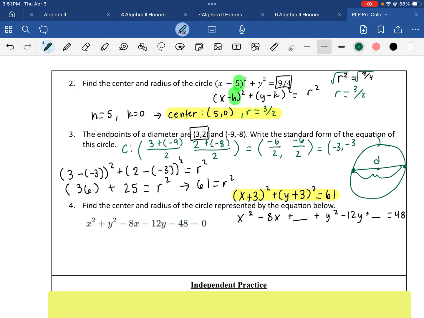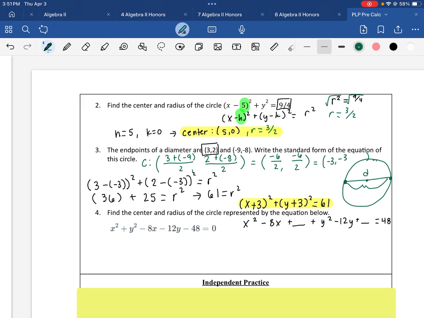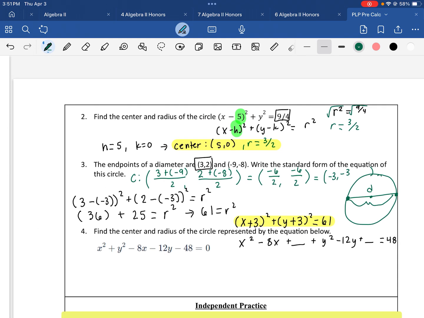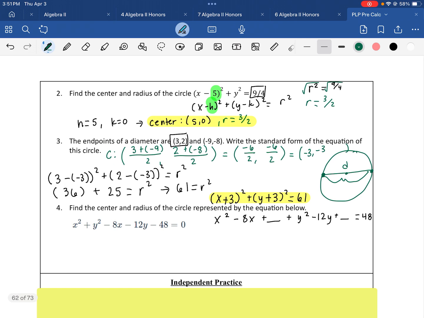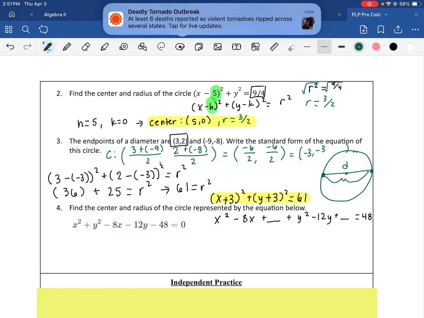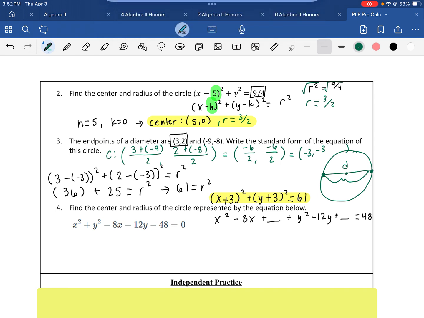Okay, now what I need to add into those blanks, I have x squared minus 8x. So for completing the square, you take your b value, which in this case is negative 8. So negative 8 divided by 2, it's negative 4, and then you square it. Negative 4 squared is 16.